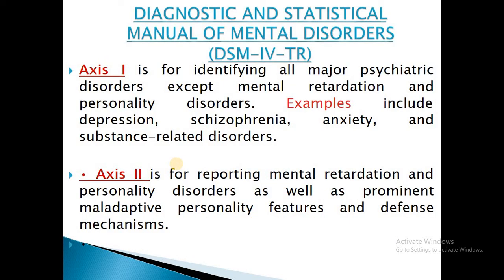Now we will discuss the Diagnostic and Statistical Manual of Mental Disorders. All psychiatric or mental disorders are divided into 5 axes according to the manual. Axis 1 is for identifying all major psychiatric disorders except mental retardation and personality disorders.